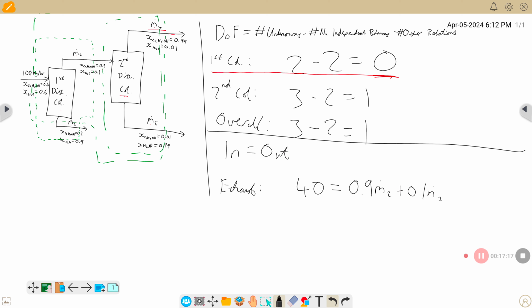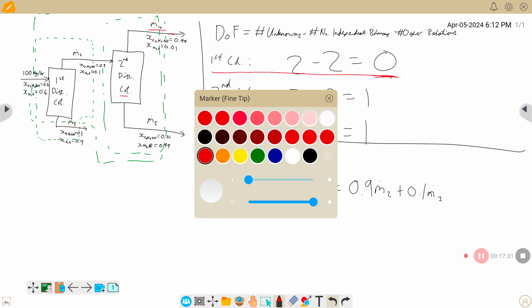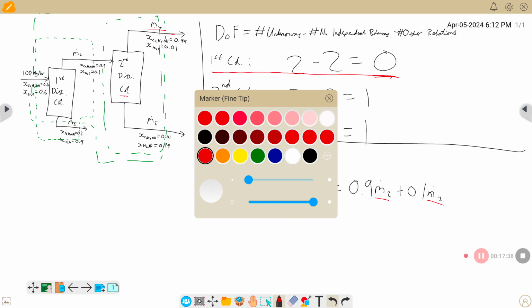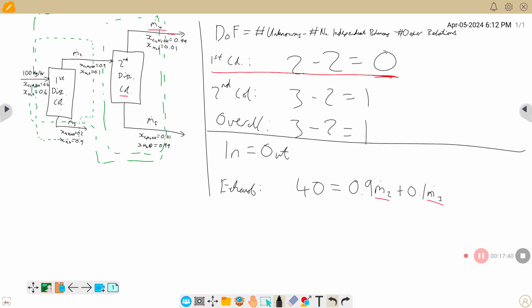Is this equation on its own solvable? Well, no. The reason it's not solvable on its own is because we've got 2 unknowns, right? If we had just 1 unknown, then yes, it would be solvable, but we have 2, so it's not solvable. Okay, let's move on then.